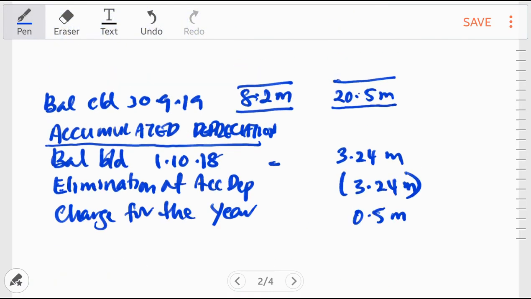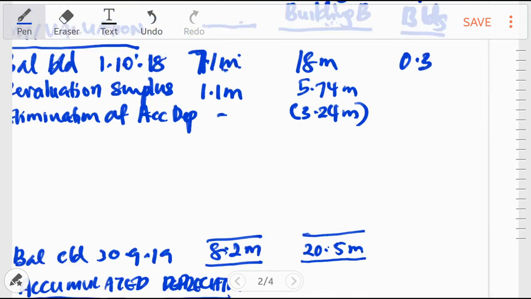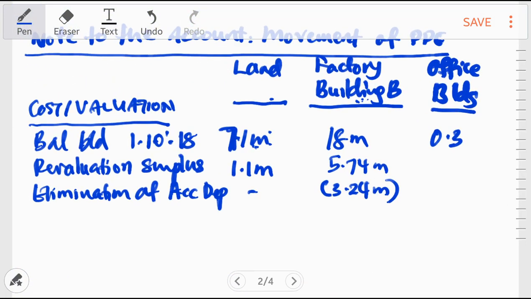Okay, we go to the next asset, which is our office building. Remember, for office building, we come across derecognition.